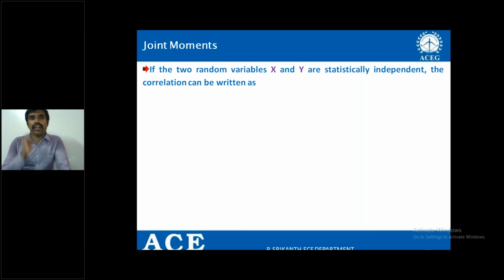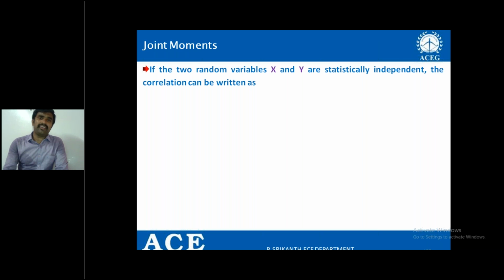If the two random variables x and y are statistically independent, then the correlation can be written as follows. We all know the condition for statistical independence: the joint density function equals the product of individual density functions.